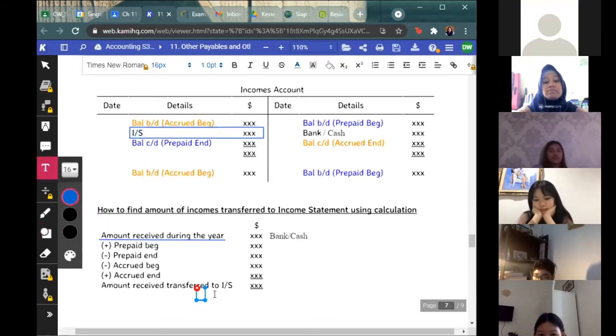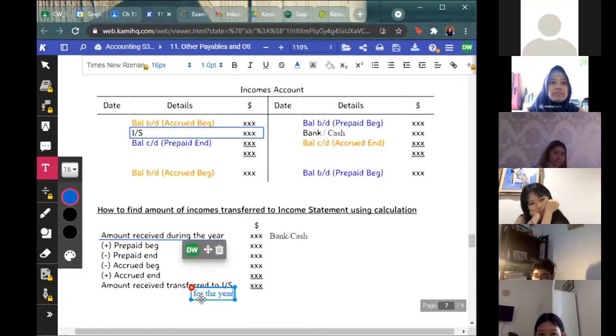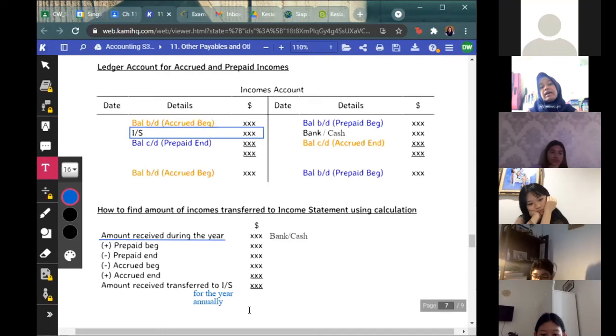It will be presented by the words for the year, or the other one is annually. Annually also means one year.